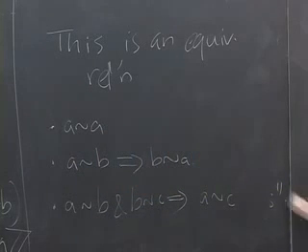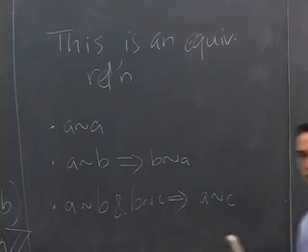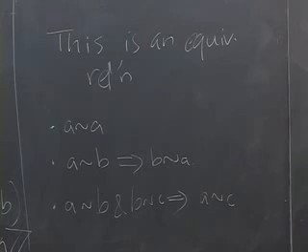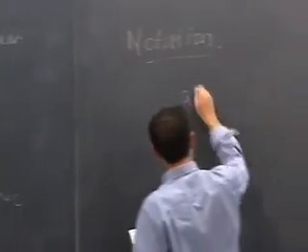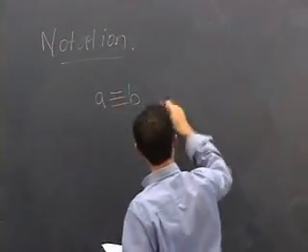Now, for notational purposes, it's often not sufficient just to write this relation symbol, twiddle. So we have another piece of notation, and that is a is congruent to b mod n.